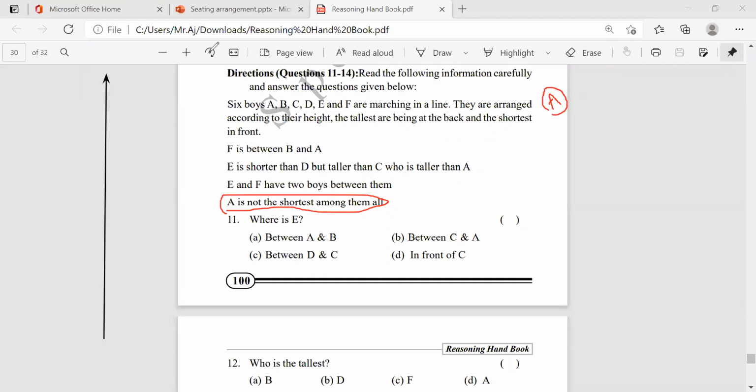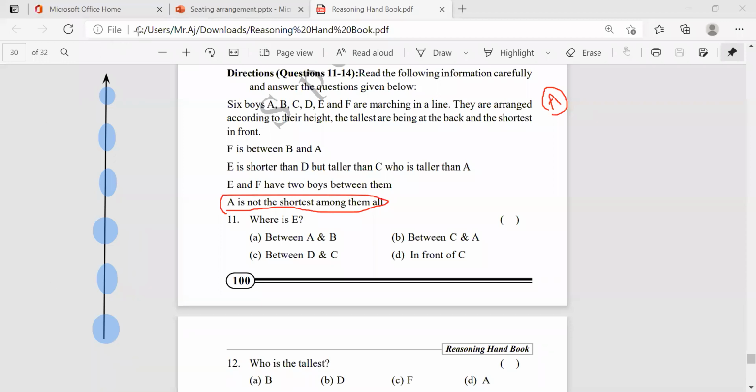Suppose here, A is there. Sorry, how many members? 6 members: 1, 2, 3, 4, 5, and 6.